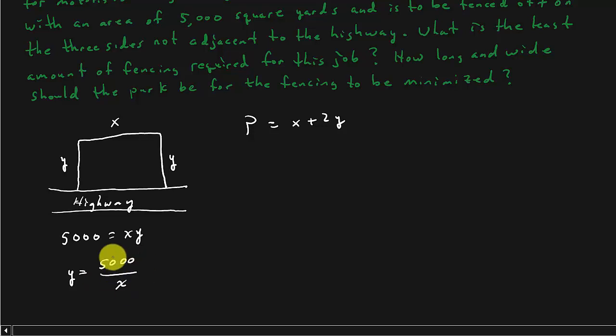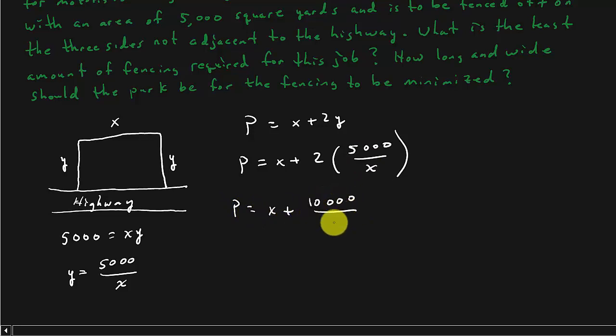And so we're going to take this and plug it in for Y. All right, so all we did is we replaced the Y with 5,000 over X. And so that's going to give me X plus 10,000 over X.